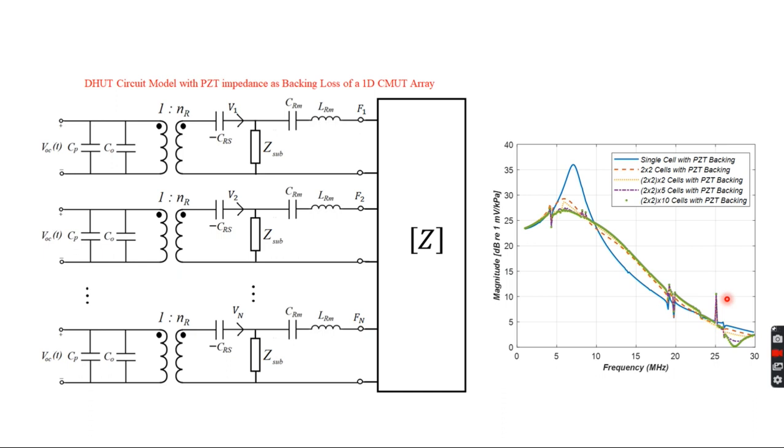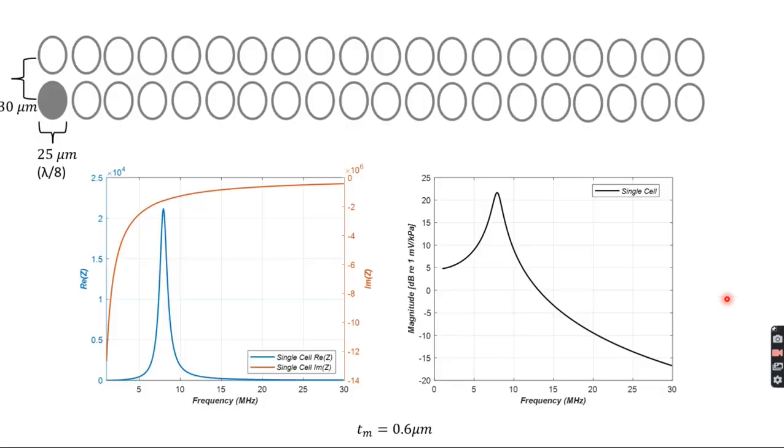So one way is to use the circuit model to design, to look out if there is an appropriate design for the CMUT array. And as I've said, these circuits can be used to design the CMUT. So for example, if I go for a smaller aperture size, instead of going for quarter wavelength, let's go for a lambda by 8 element single cell. Then to keep the same resonance frequency, you have to use a lighter membrane as well.